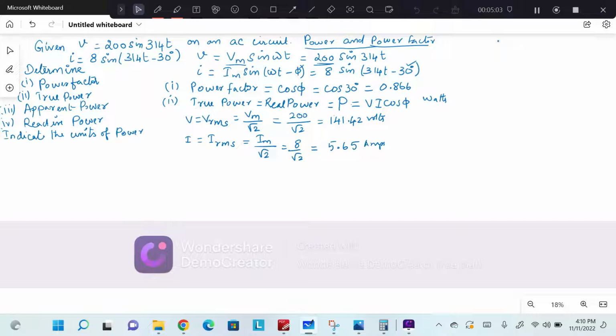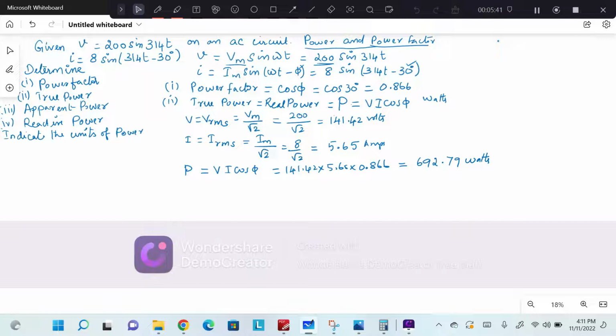So we have got V and I, and also we know the power factor. So we can calculate the real power as VI cos phi, that is, V is 141.42 into 5.65 into power factor 0.866, which is equal to 692.79, whose unit is watts.